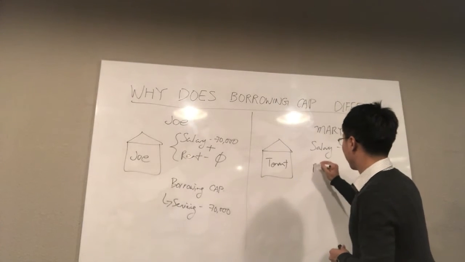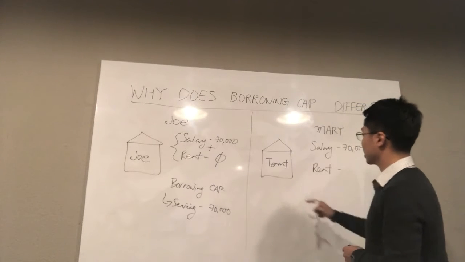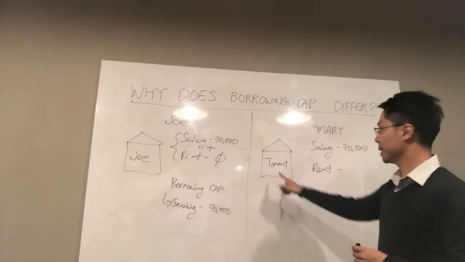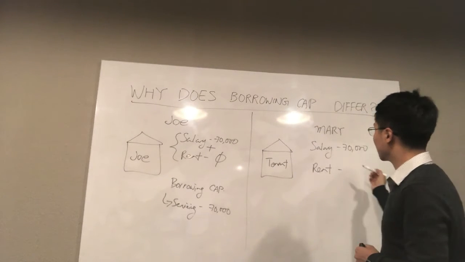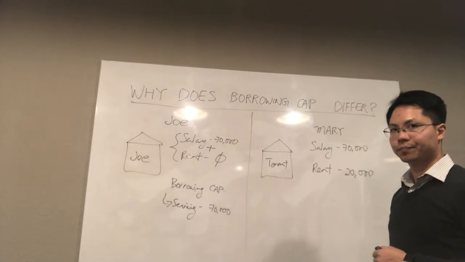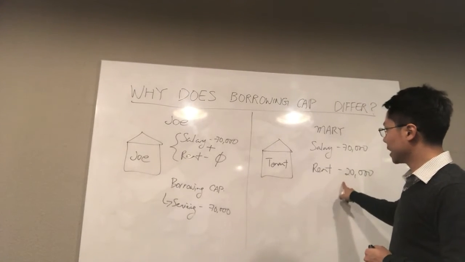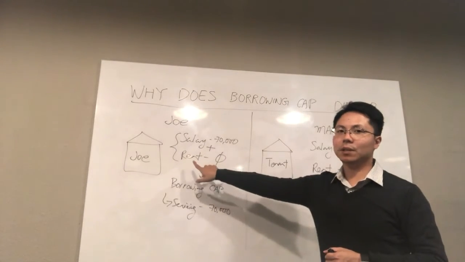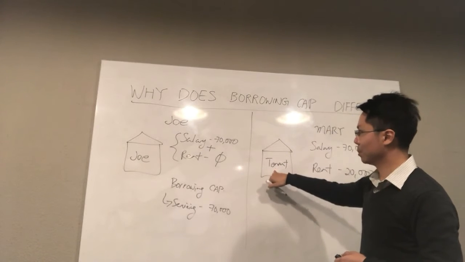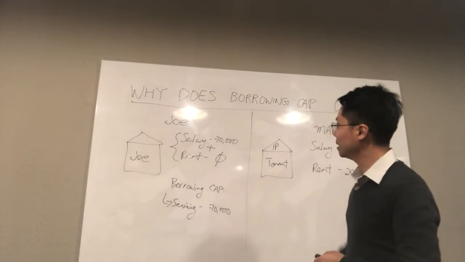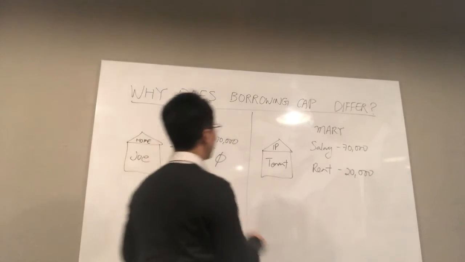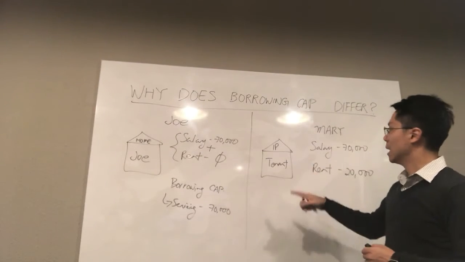Because Mary's not living there and the tenant is, the tenant pays rent. Let's say the tenant pays $20,000 a year of rent. So, applying the same methodology that banks use, where Mary wants to buy this property, which we'll call an IP, and this one a home, to make it more complete.